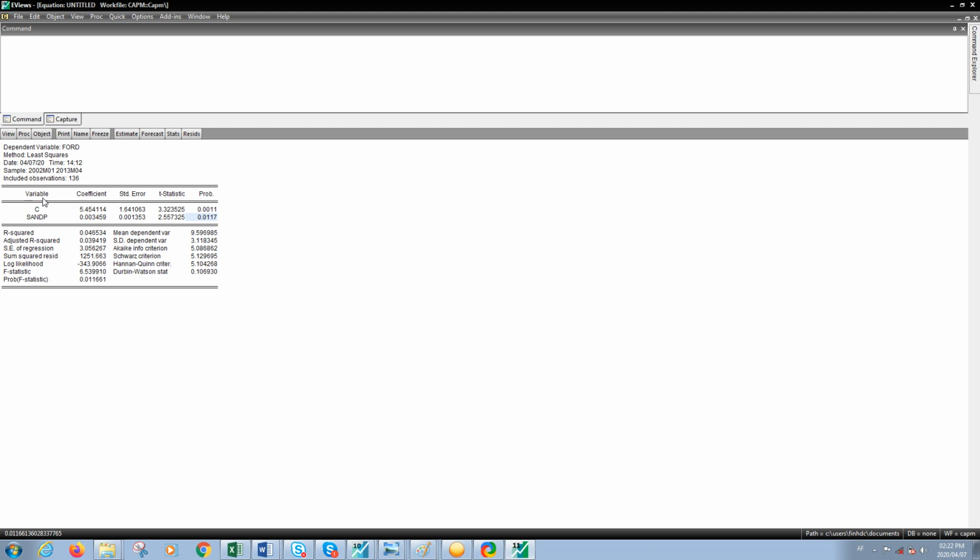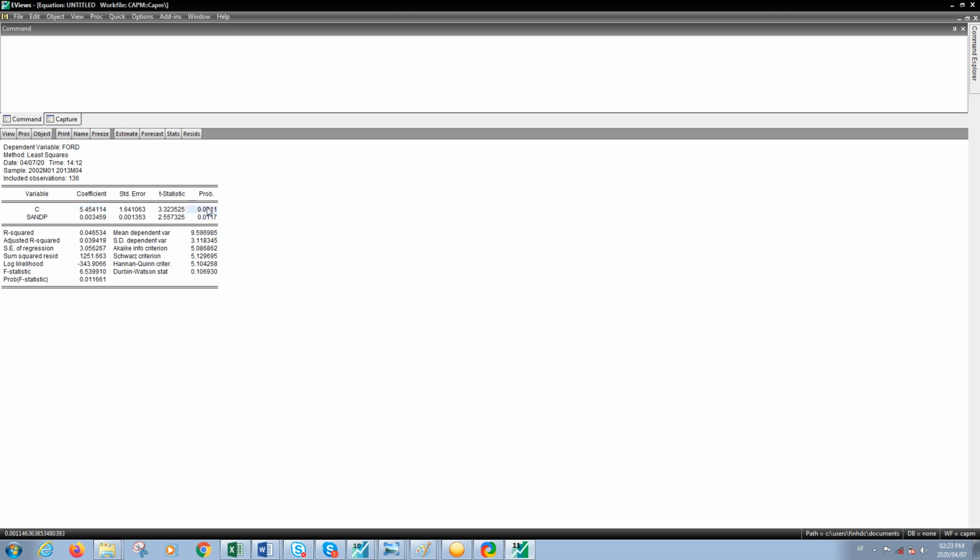And thus, our S&P does have a statistically significant impact on our Ford share price. Okay, happy with that? Hope you are. This is how you interpret your beta coefficient. This is your beta coefficient, this is your p-value, and this is your intercept.